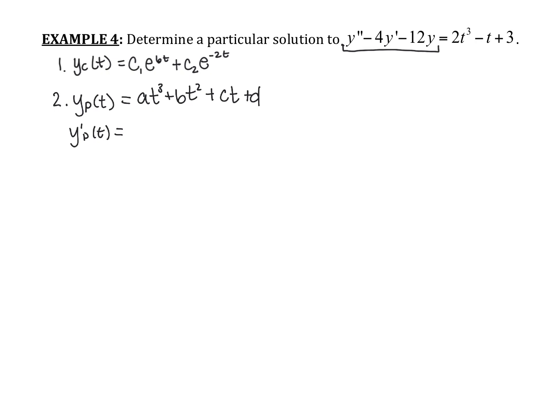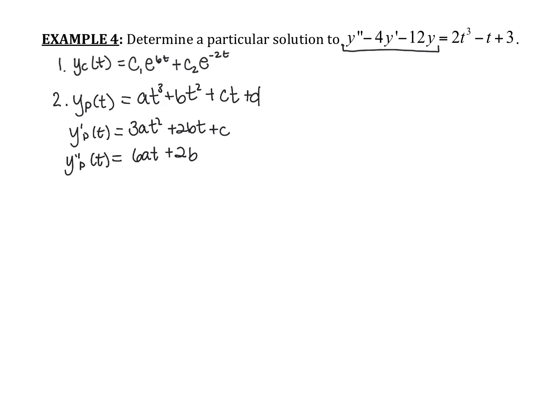He's not wrong. You may not see that right away. That may not be something that jumps out at you necessarily. So you can go through the same process we've gone through, which is taking the derivatives of this guess. y prime would be 3at squared plus 2bt plus c, and y double prime then would be 6at plus 2b.